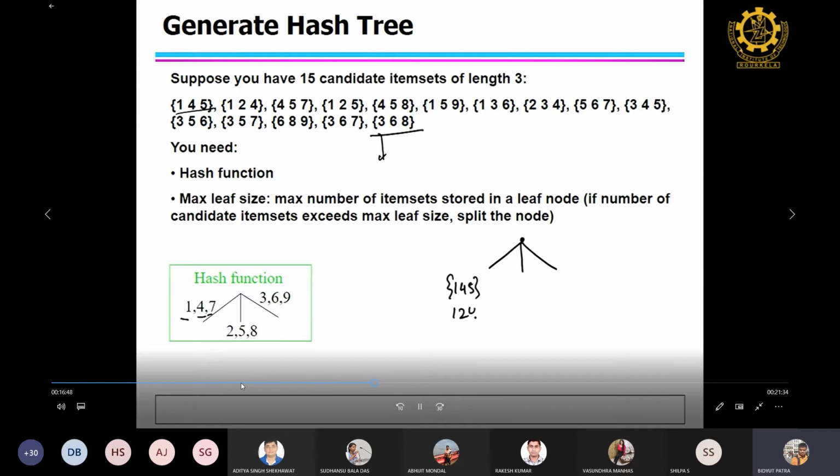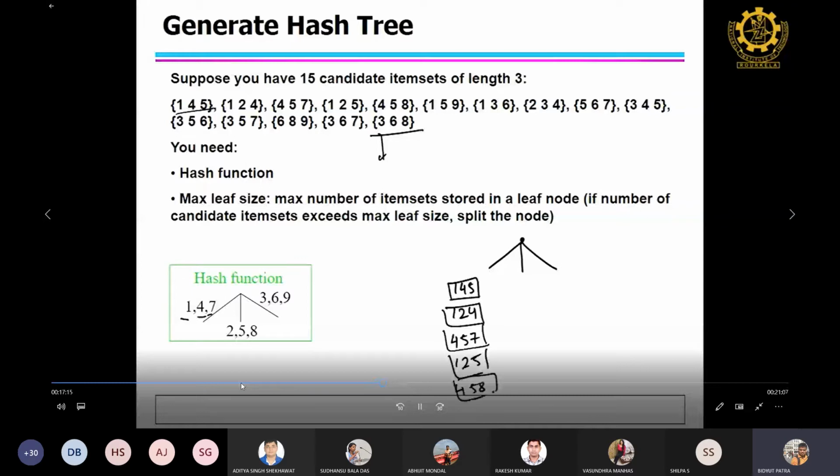Then 4 5 7, again on the left side. Then 1 2 5, again on the left side. Next 4 5 8, it should be on the left side.